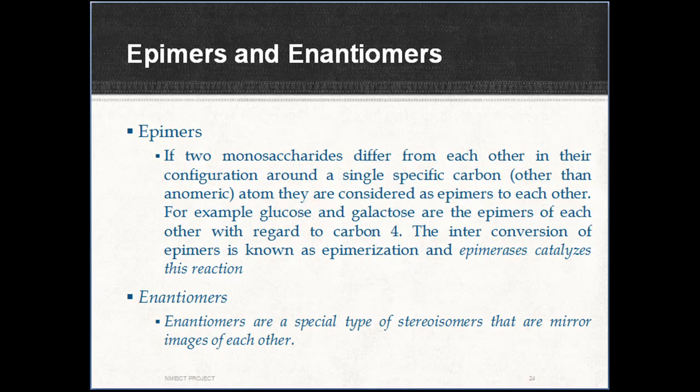In glucose, the OH group on carbon 5 can react intramolecularly with the carbonyl group on carbon number 1 to form a stable cyclic hemiacetal.